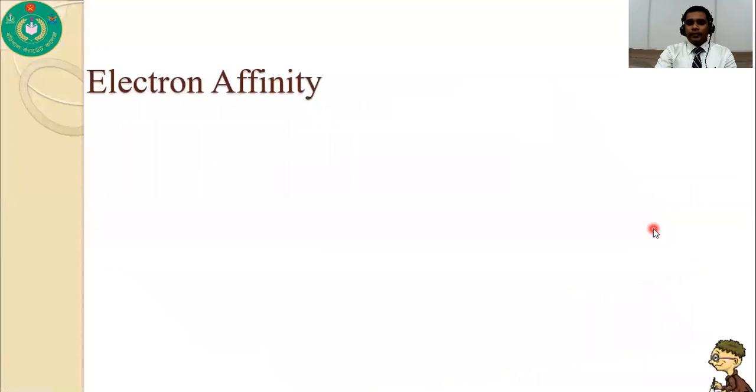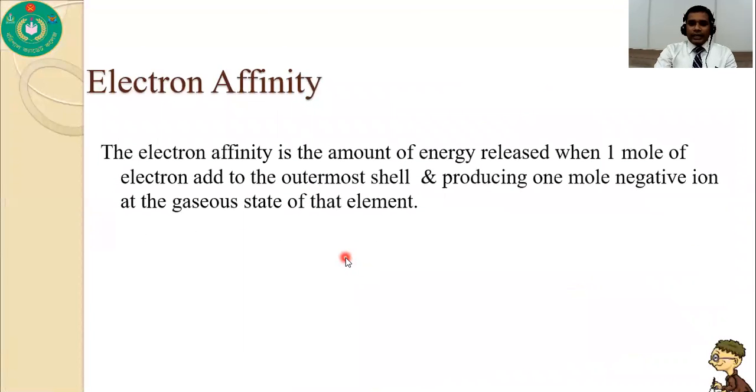Now, electron affinity. What is electron affinity? The electron affinity is the amount of energy released when 1 mole of electrons is added to the outermost shell, producing 1 mole of negative ions. We know that when 1 electron enters a neutral atom, it becomes negatively charged. So, when 1 mole of electrons is added to the outermost shell, producing 1 mole of negative ions in the gaseous state, it is called electron affinity.